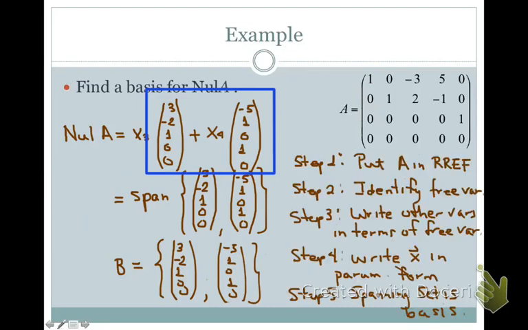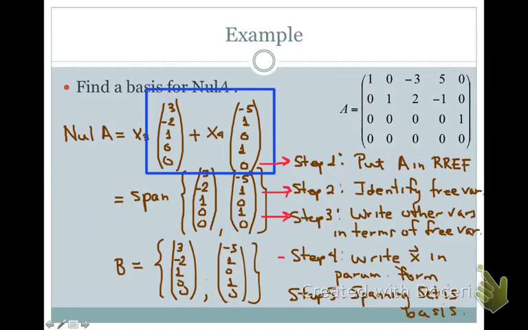Just to recap, if you want to find a basis for the null space, you do the following. You take the matrix A and you put it in reduced row echelon form. You identify the free variables. Then you write the other variables in terms of those free variables.